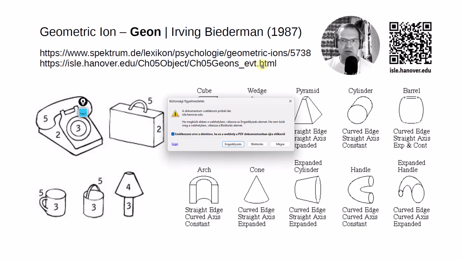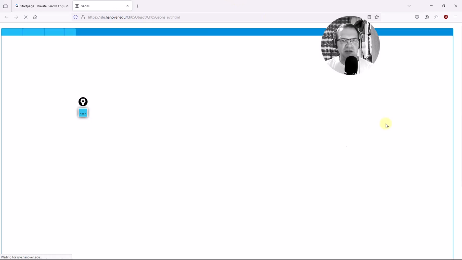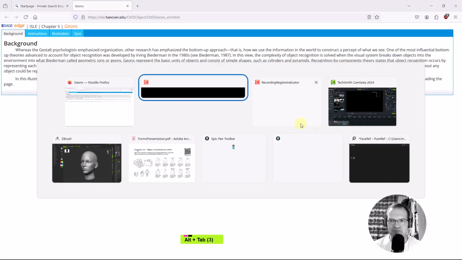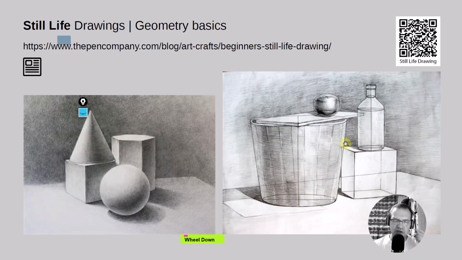Let me move on here and show you this. On this page you will be able to see a little more of the background about the Geons. Okay, now let's go back to the PDF, and here's an example of how to use it in practice.